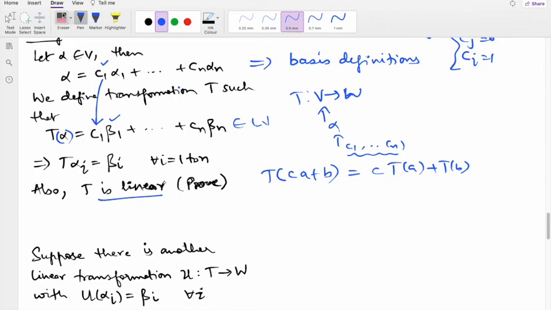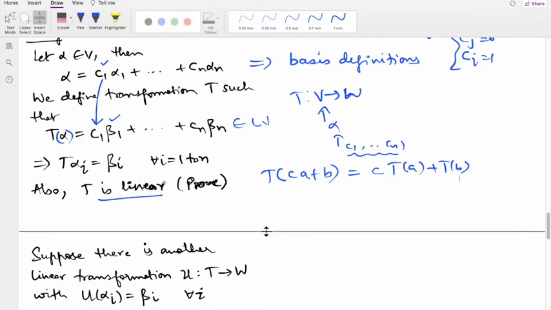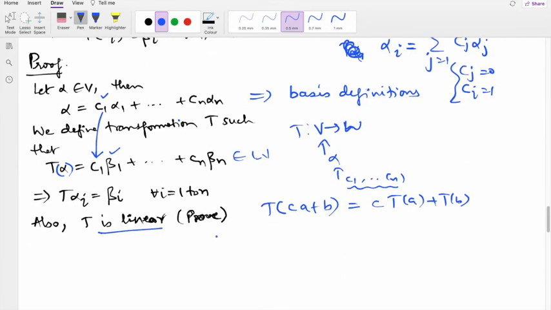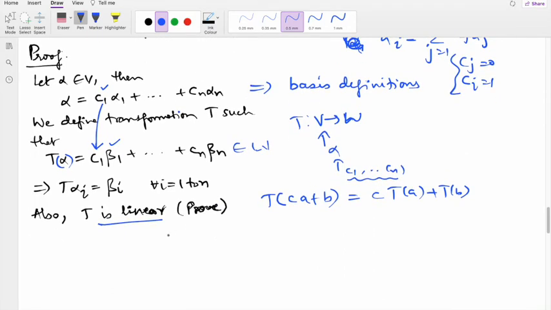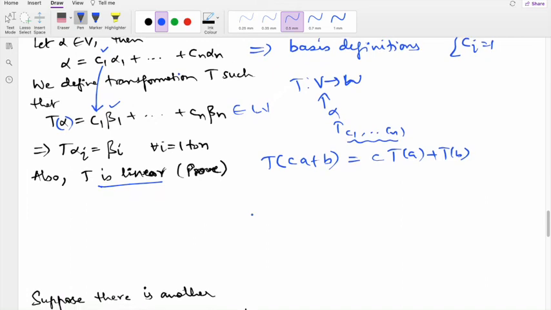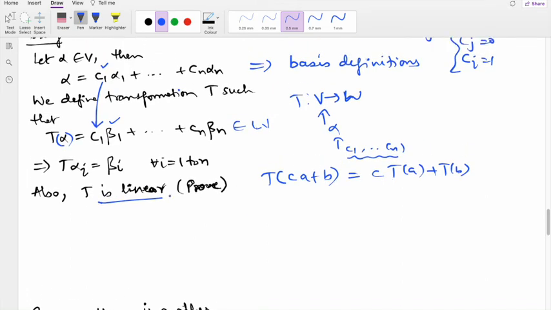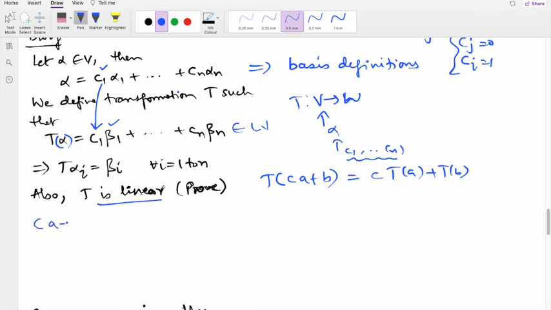Okay, so A is some combination, so that means C A plus B. I'll skip a few steps here. I'll define A as some combination of alpha 1 to alpha n.